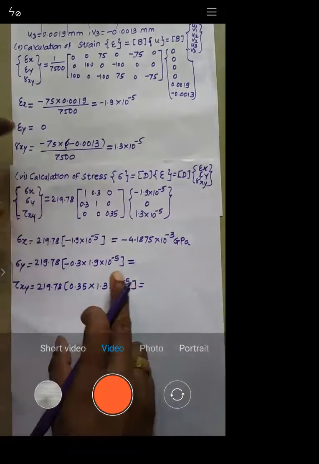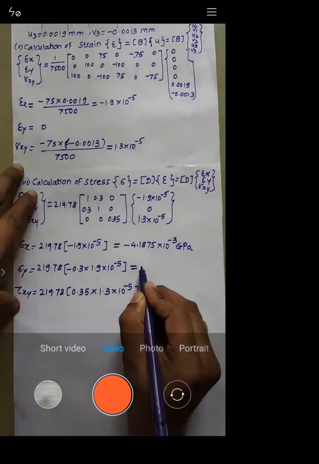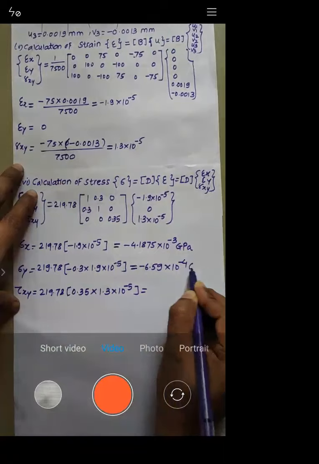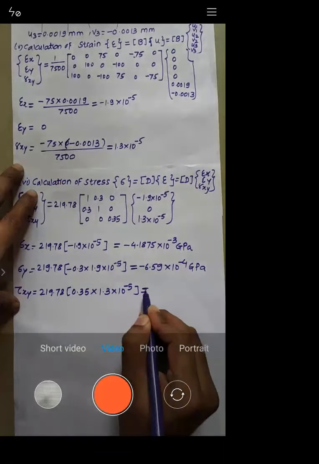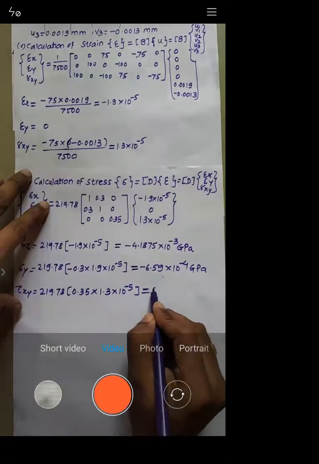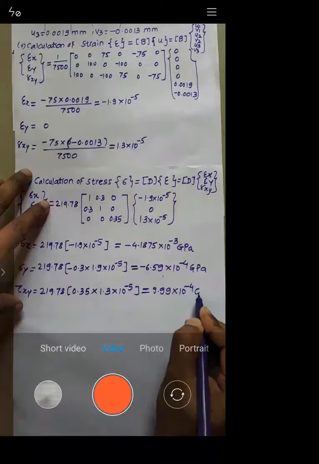Now this one, minus 6.59 into 10 raised to power minus 4. Okay, next, 9.99 into 10 raised to power minus 4.